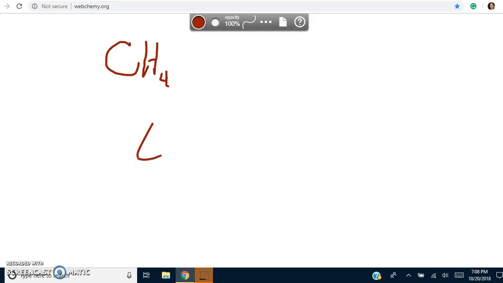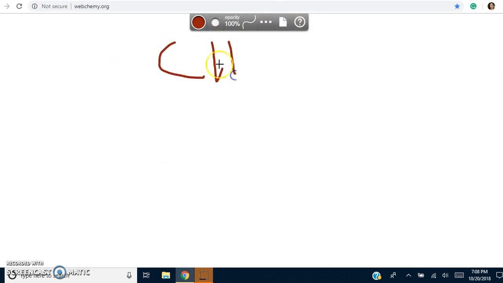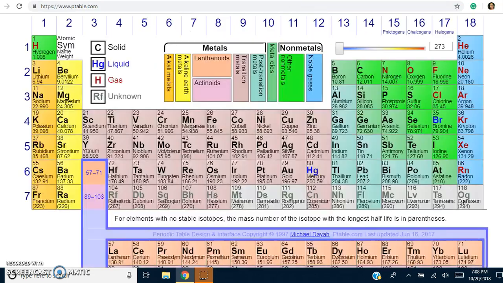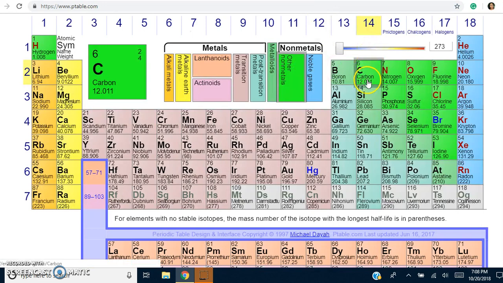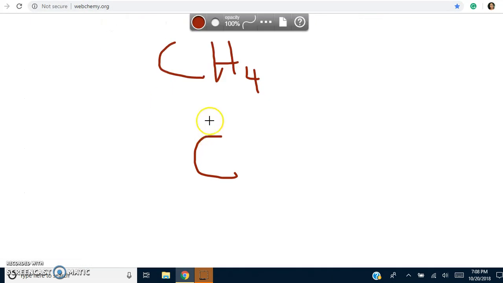So you would write it as C. Oops, let me just erase that. Okay, so CH4. Since carbon is in group 4A, it should have 4 valence electrons. So there's 1, 2, 3, and 4.